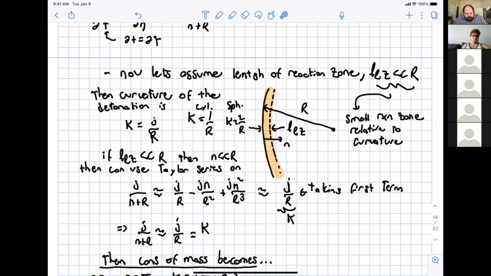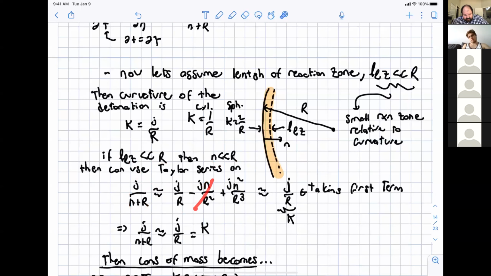And so we can simplify these J over n plus R terms here by really assuming that n is much, much smaller than R. You can do this one of two ways. You can do a formal Taylor series expansion and expand J over n plus R for small n, and you get J over R minus J times n over R squared, and so on.